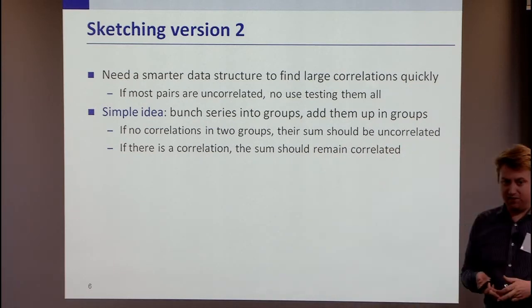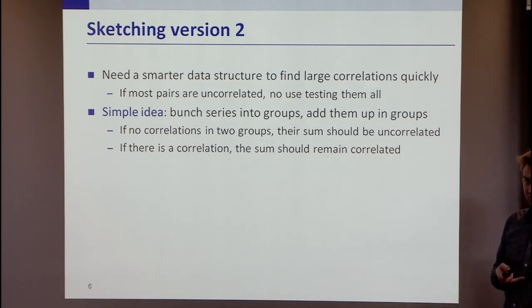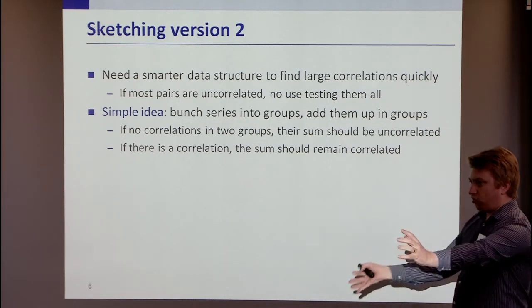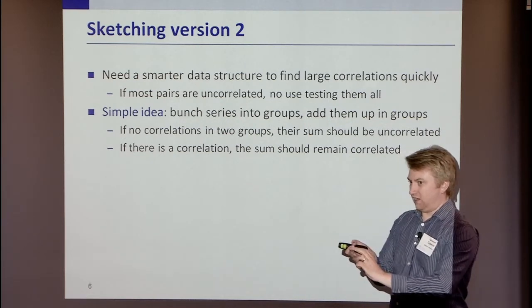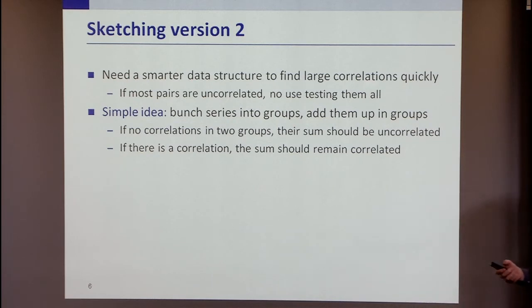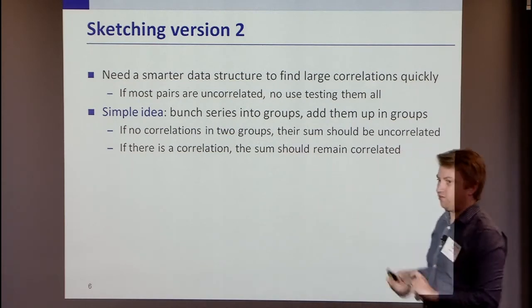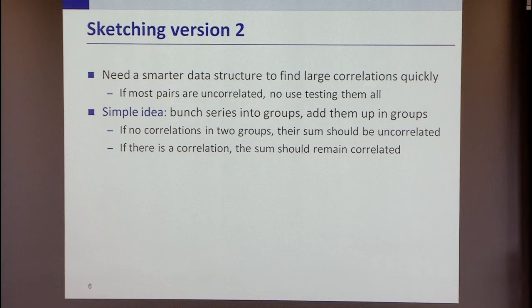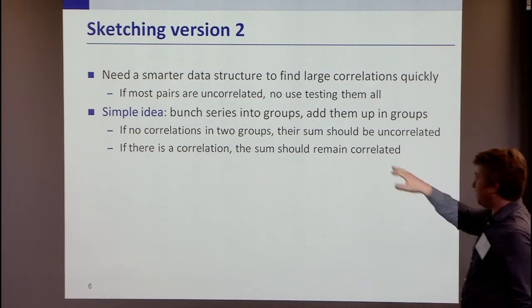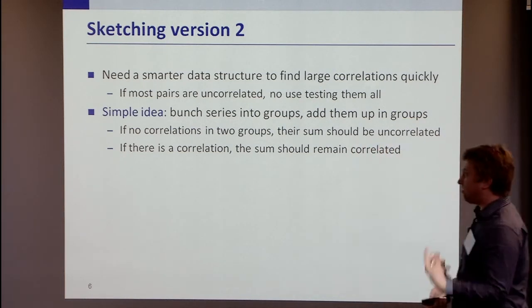Well, the clustering doesn't have to be at all sophisticated. It could be essentially simply random grouping. Right? And the hope that we'll try and formalize is to say, if I group a bunch of signals together and do nothing more sophisticated than add them up, and I take another group, similarly sum together, and I look at the inner product between those sums, then if there's no correlation of any member of those two groups, hopefully the sum should be uncorrelated. And if there is a correlation, it should be preserved.